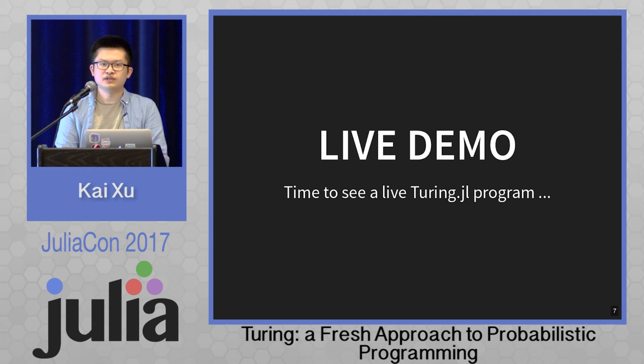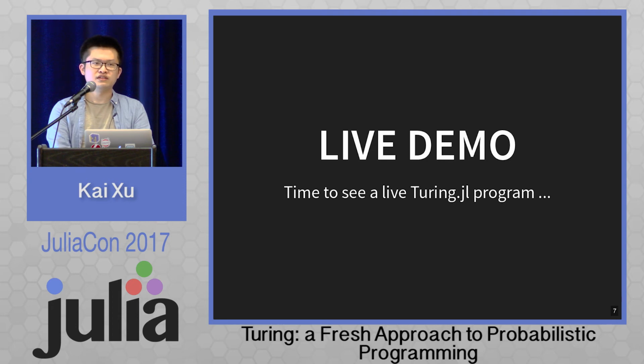But without probabilistic programming, you need to write the model, which is very complex, and you need to find and implement the inference algorithm, which is also very complex. With probabilistic programming, you can focus on just thinking about which model is the best. You can focus on modeling instead of the details of inference.